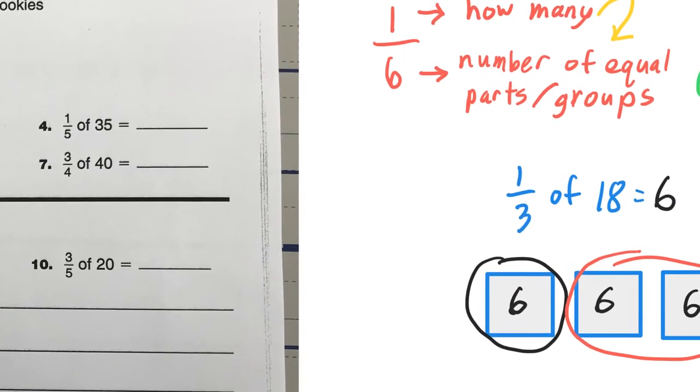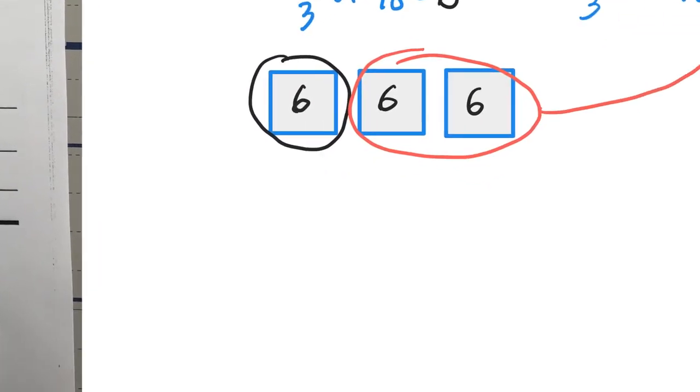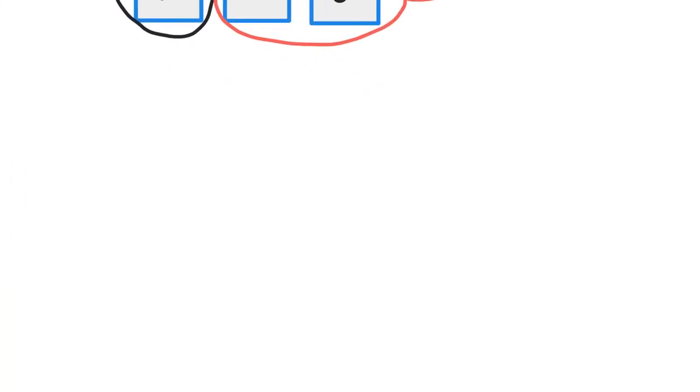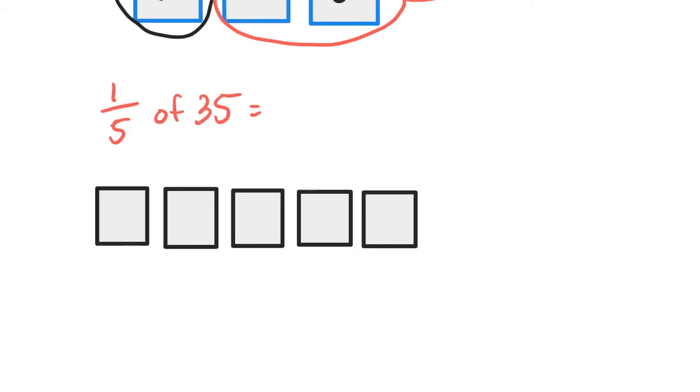So 1/5 of 35 is what we have next. So again, the 5 is 5 equal groups. And if I split 35 into 5 groups, 35 divided by 5, how many are in each group? It's going to be 7. So 1/5 of 35 is that much.